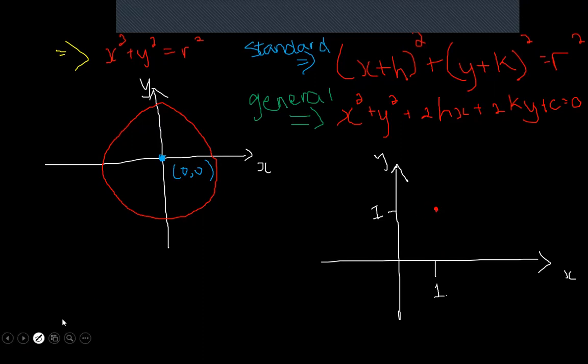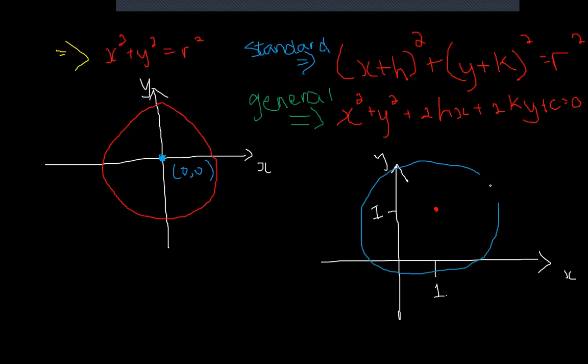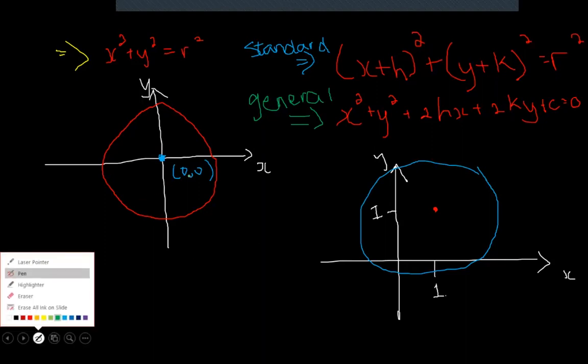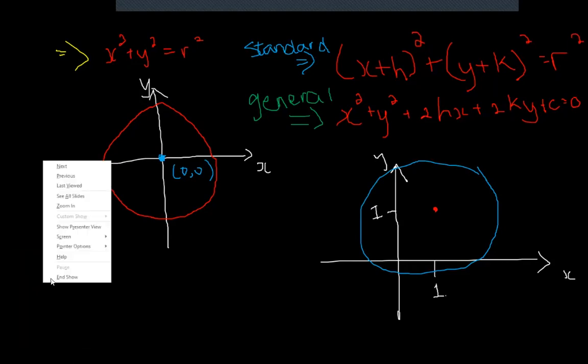And then my circle, let me do this in blue. When you see x squared plus y squared is equal to r squared, the center is always (0, 0). When you see this one, the center would not be (0, 0). That's what I'm trying to say. Okay.